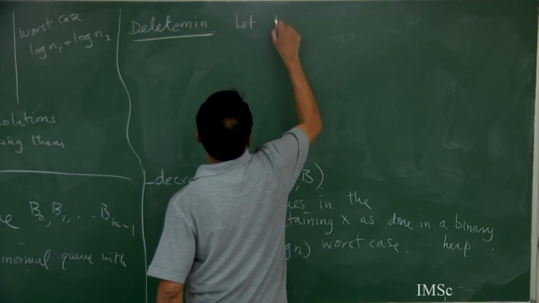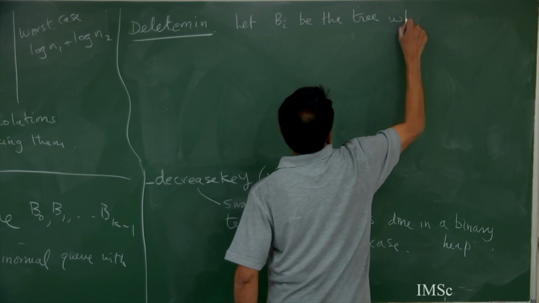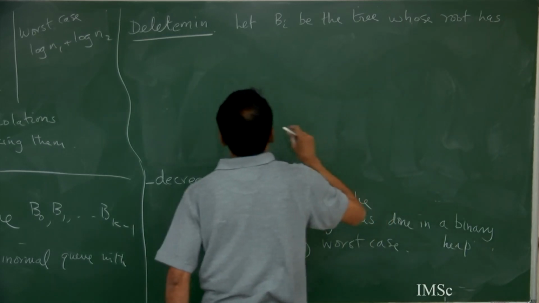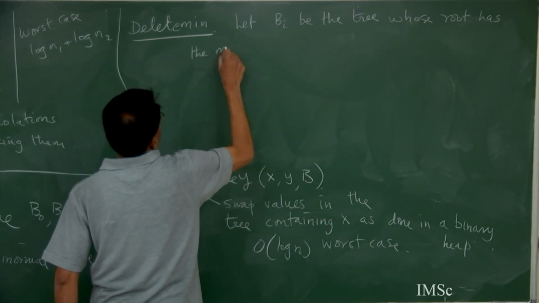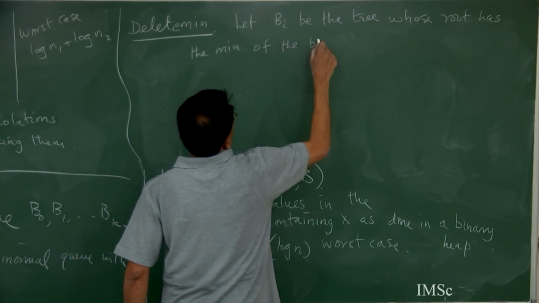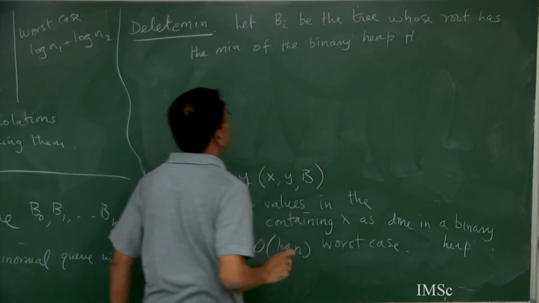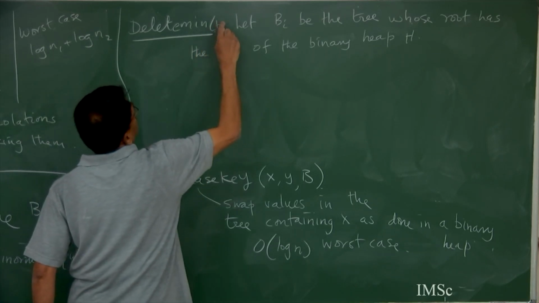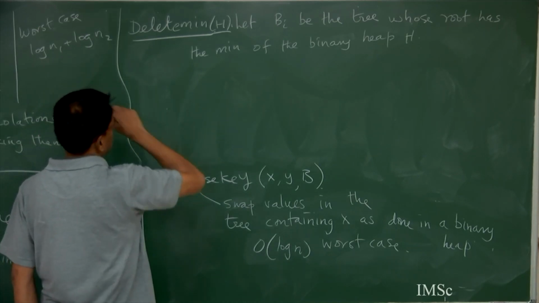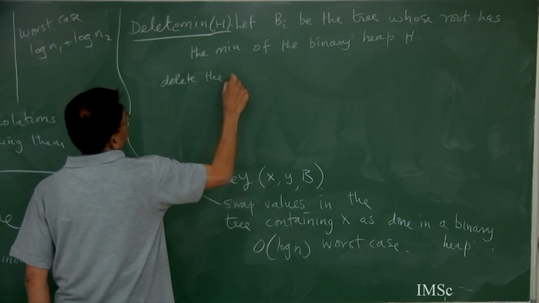Okay, so let Bi be the tree whose root is min. You're given this binomial heap H, where I want to delete min, then delete the root.